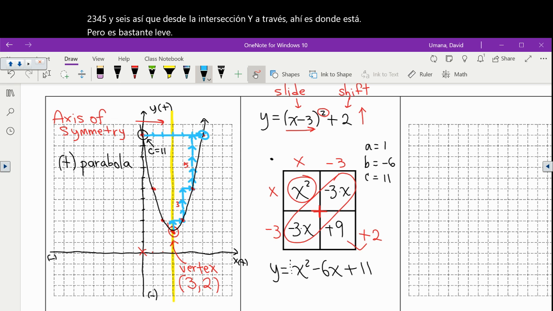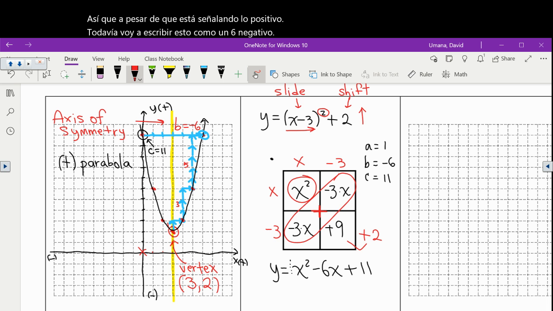So even though it's pointing to the positive, I'm still going to write this as a negative 6. So this is where these numbers end up. And by the way, underneath B, put an arrow that goes the opposite way. Because that arrow that goes the opposite way is the same as my slide.